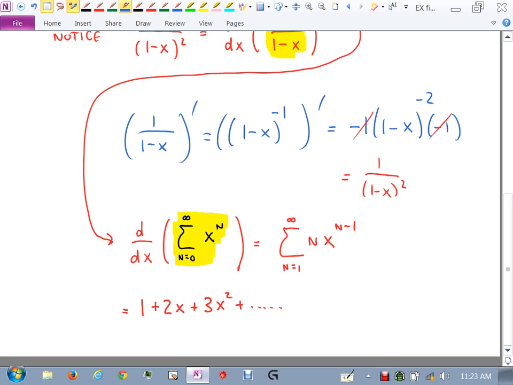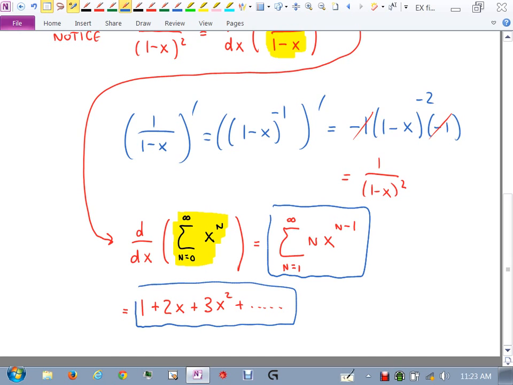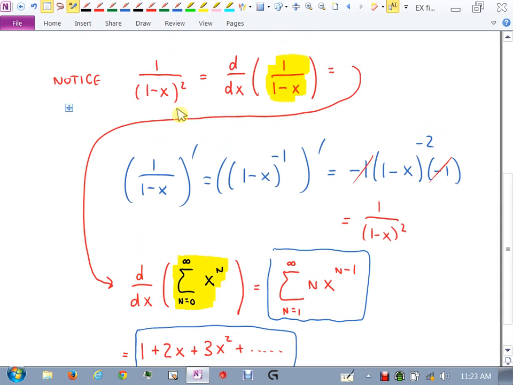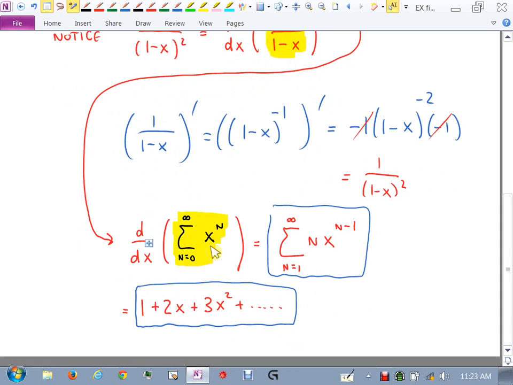So the correct answer, the answer we're looking for is this. Which is equivalent to this. So if you can make that connection, this problem becomes somewhat trivial. Do y'all see it? Yes?